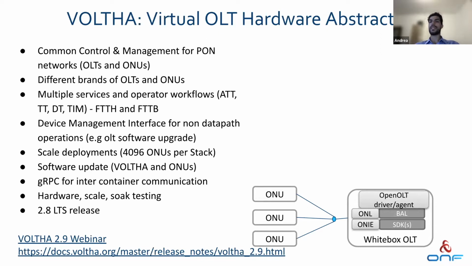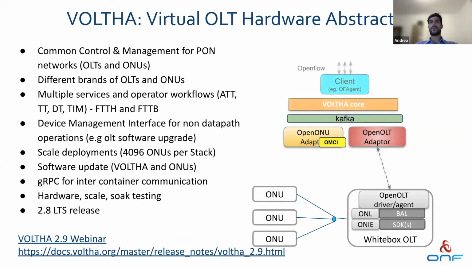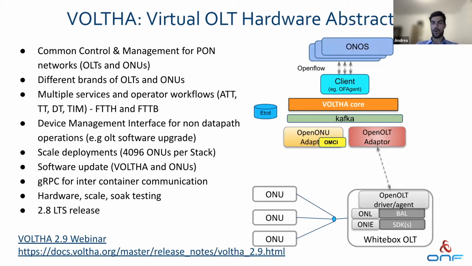The white box OLT uses ONL, Open Networking Linux, and an OpenOLT agent. That OpenOLT agent communicates with a set of adapters that allows us to integrate different types and brands of ONUs and OLTs, because we provide several layers of abstraction throughout the whole system, exposing then an OpenFlow connection to the controller, which in our case is ONOS.